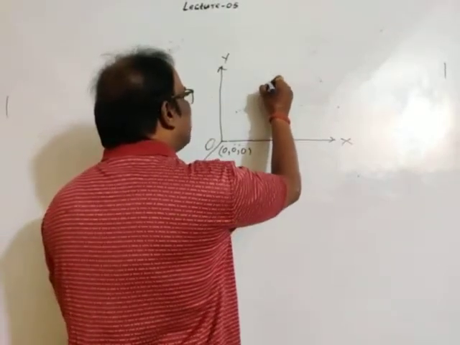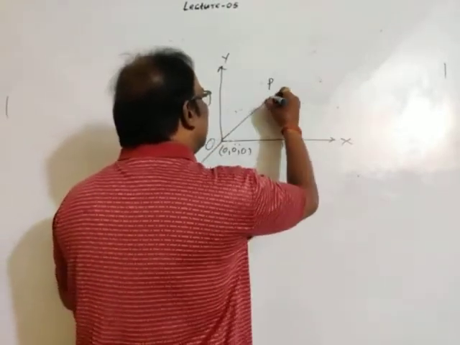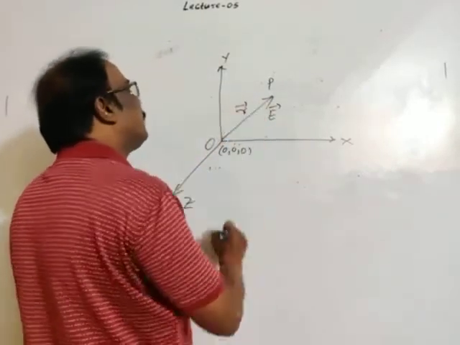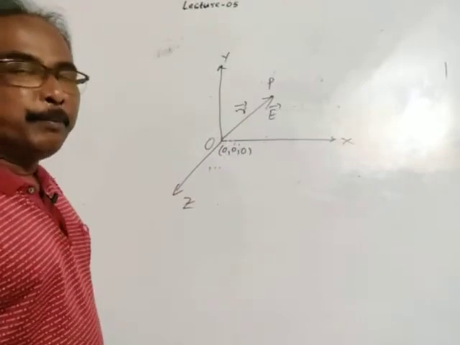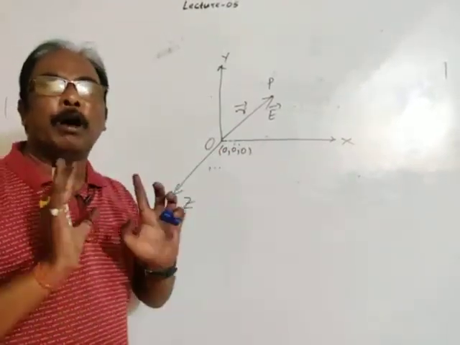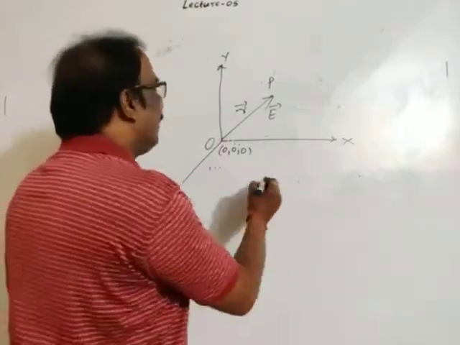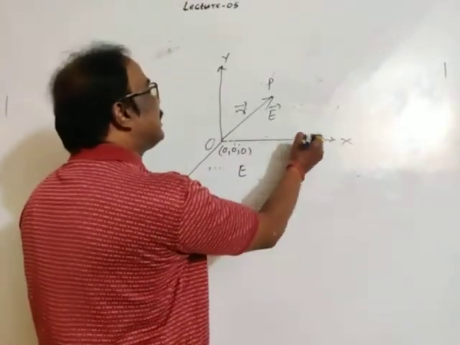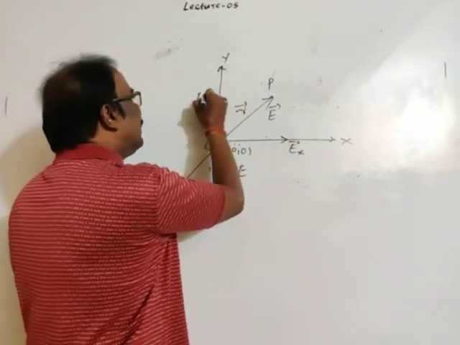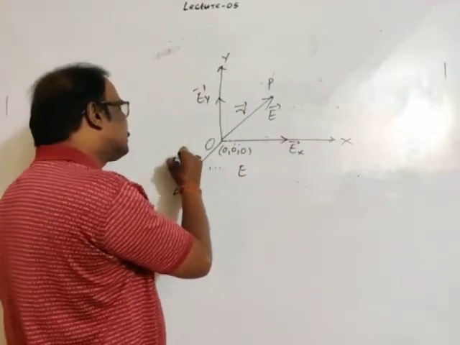This is any point P, and this is the direction of the electric field, E, with respect to the origin. This is the x-axis: the component of the electric field along the x-axis is Ex, along the y-axis Ey, along the z-axis Ez.